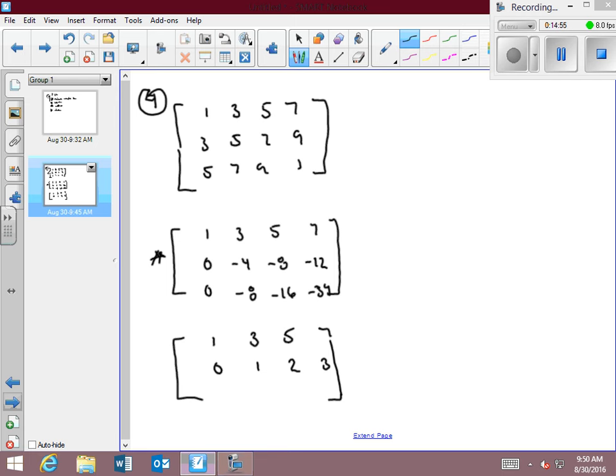So I'm going to take 2 times the second row and combine it with the third row. So 2 times 0 is 0. 2 times minus 4, I've got to take a minus 2 times that, right? Minus 2 times minus 4 is a plus 8. That makes this one go to 0. Minus 2 times minus 8 is a plus 16.